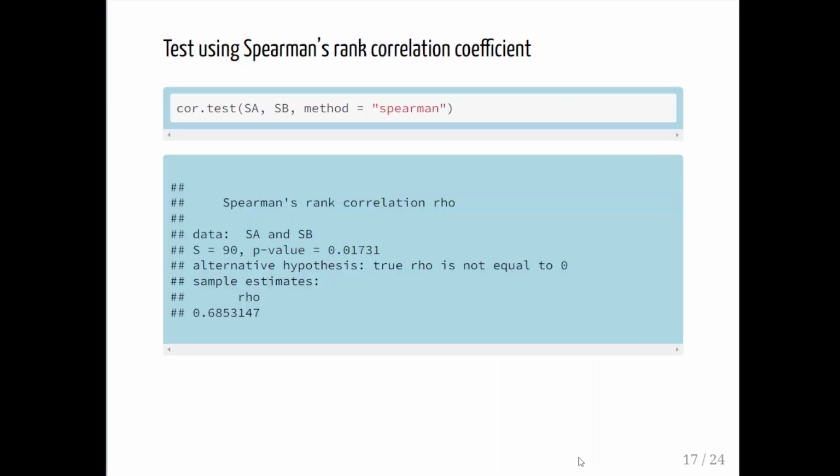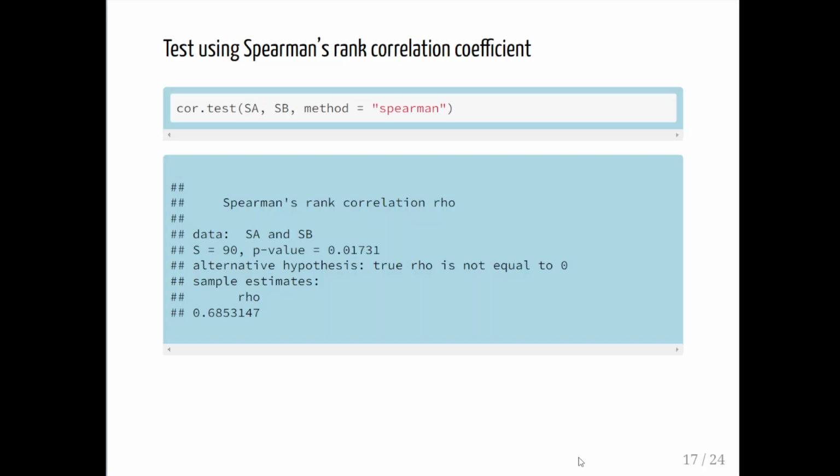Now, the Spearman's rank correlation coefficient test is very similar: cor.test(SA, SB, method = "spearman"). Again, we are looking at the p-value, on the second line of the output. The p-value equals 0.01731. The alternative hypothesis and the null hypothesis are pretty much the same, broadly speaking. The output is slightly different, with no confidence interval, but essentially we are looking at the p-value.